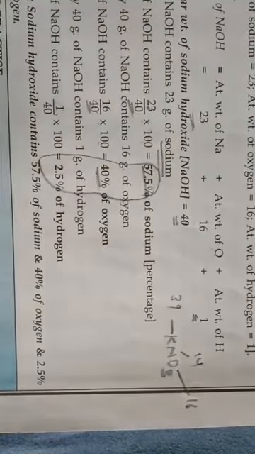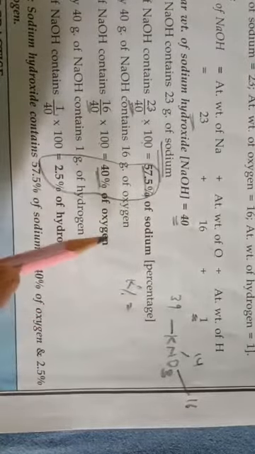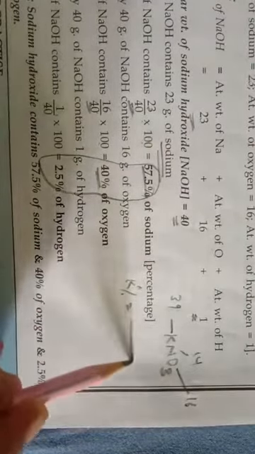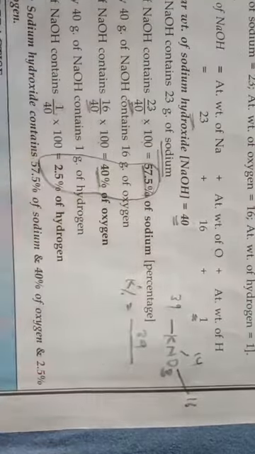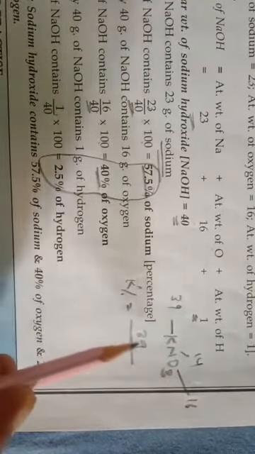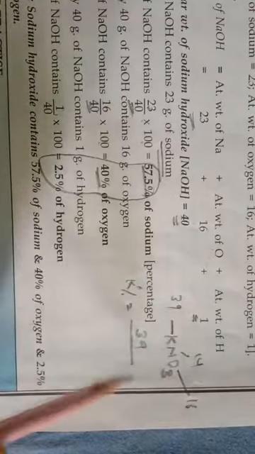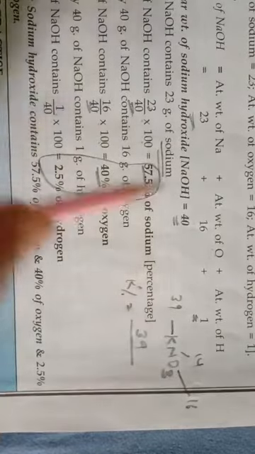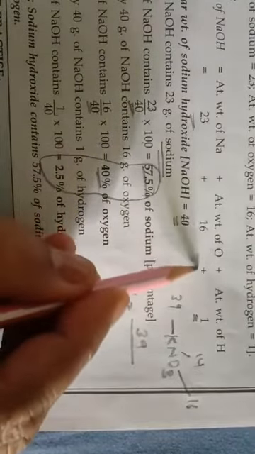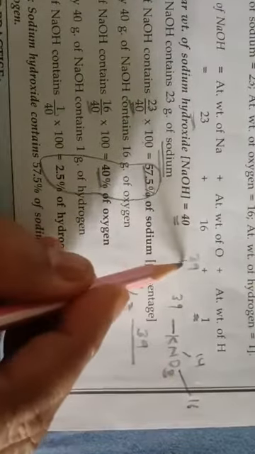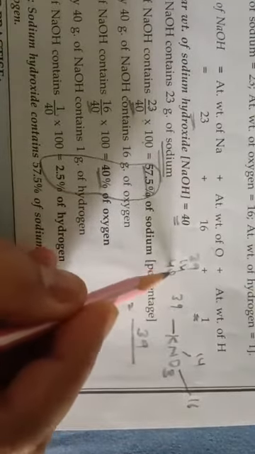Okay children, so the percentage composition of potassium will be equal to the mass of potassium in the compound. So it is 39, because one atom of potassium is present, so it will be 39 only, divided by the molecular mass of potassium nitrate. So what will be the molecular mass of potassium nitrate? Calculate it. Potassium is 39, nitrogen is 14, and oxygen will be total 48.